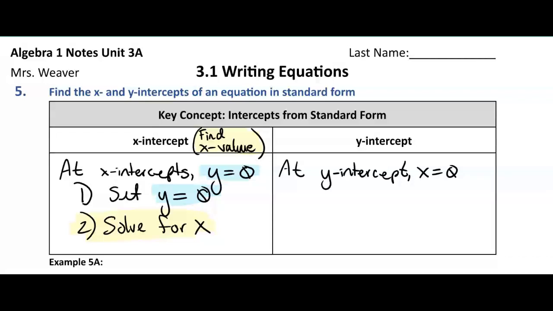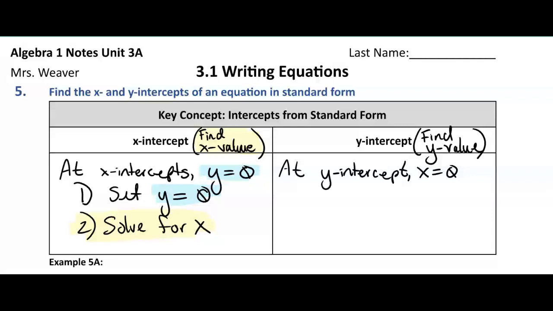So to review and connect again, if I'm looking for a y-intercept, what kind of value am I trying to find? An x value or a y value? If I'm looking for a y-intercept, I want to find a y value. All right, but what is the only thing I know for sure about y-intercepts?